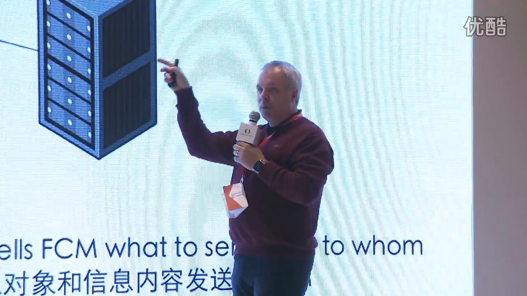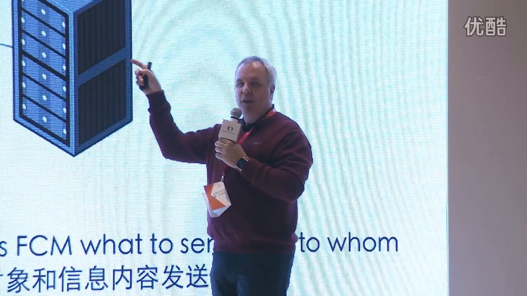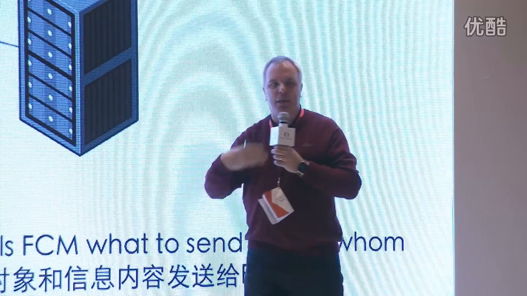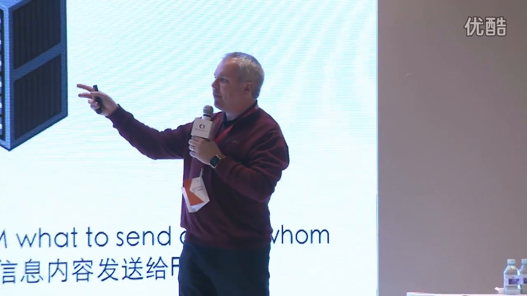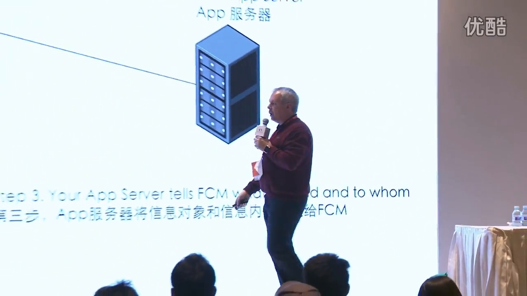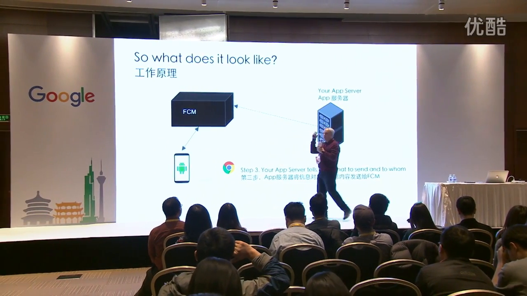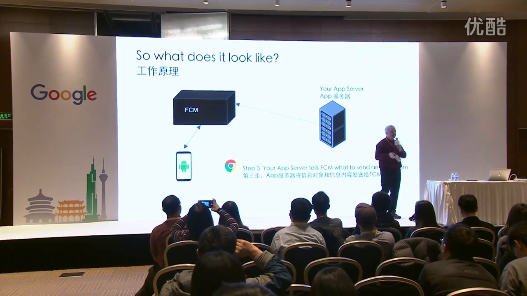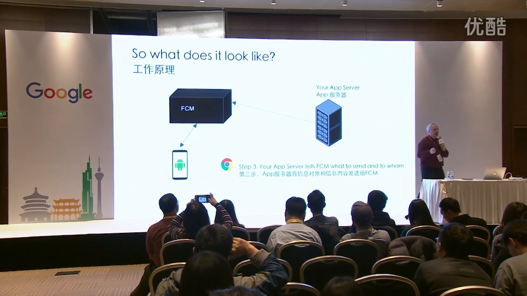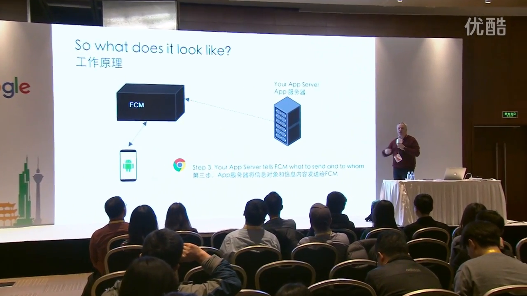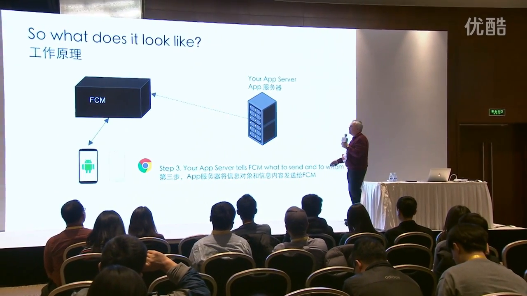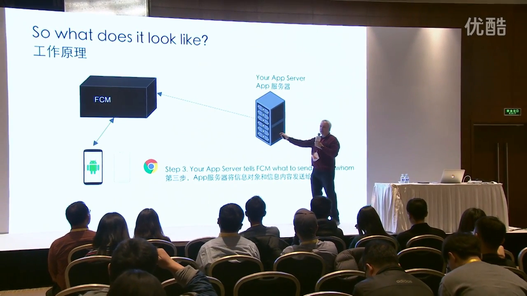For example, you could build a console, like the Firebase console, that you give access to your business people or your marketing people or whatever, or you can build code within your app or your site that talks to your app server and says, send this message to this topic, send this message to this device, send this message to this group of devices. Then your app server would actually service that message.